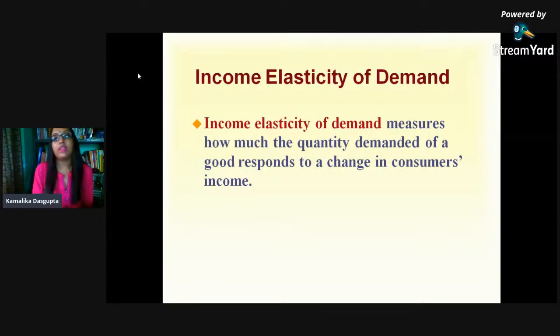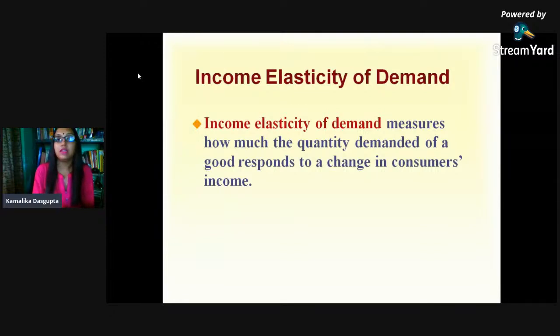So whenever your income increases, you feel relatively richer and you will obviously increase your consumption of goods and services. So whenever your income goes up, your demand goes up. So there is a positive relationship between income and demand.